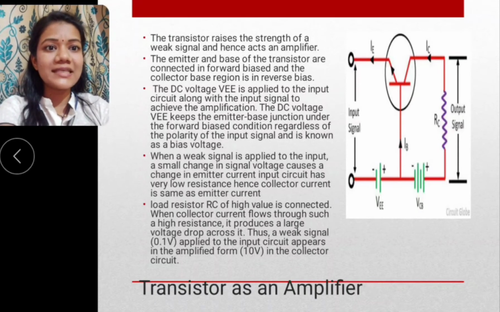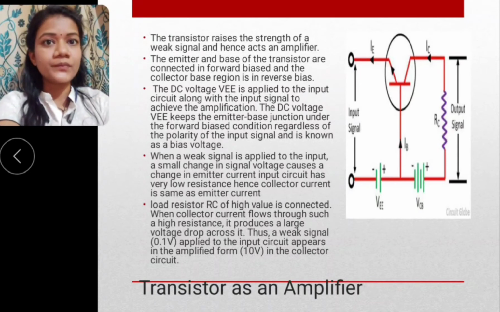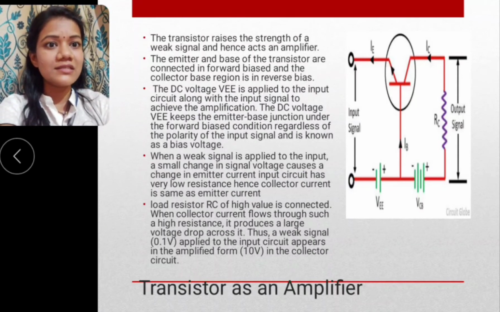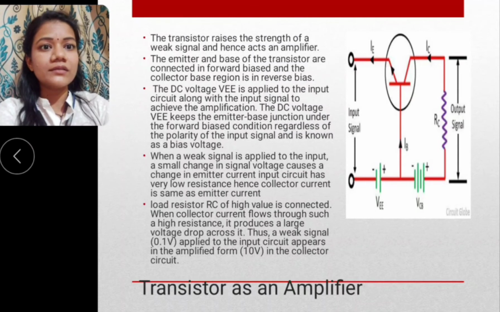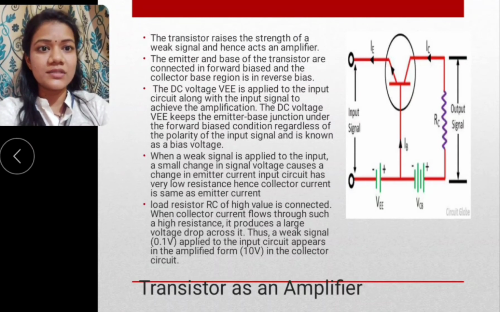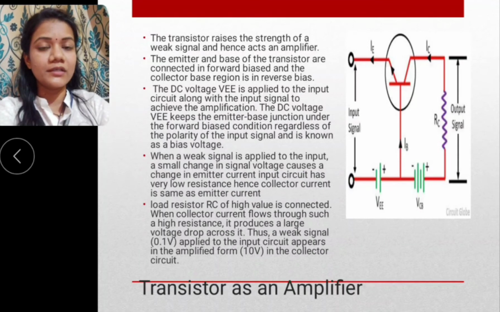Then when a weak signal is applied to the input, a small change in signal voltage causes a change in emitter current. Input circuit has very low resistance since collector current is same as emitter current.